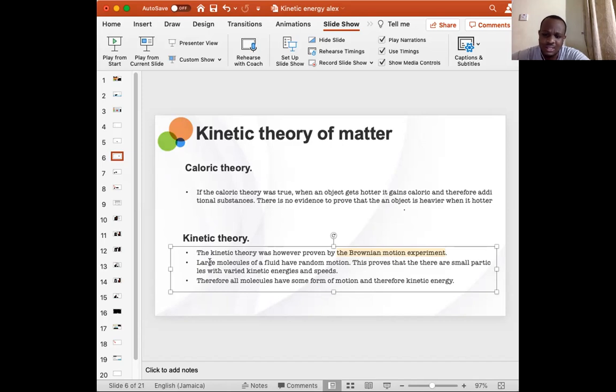Essentially, we're saying that these large particles would be hit by smaller particles. All right, so large molecules of fluid have random motion. This proves that there are small particles with varied kinetic energies and speeds. Therefore, all molecules have some form of motion and kinetic energy.